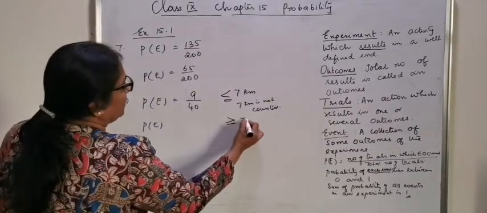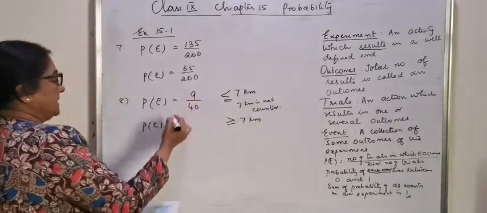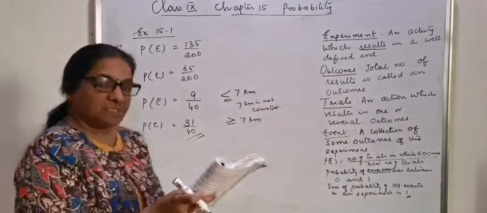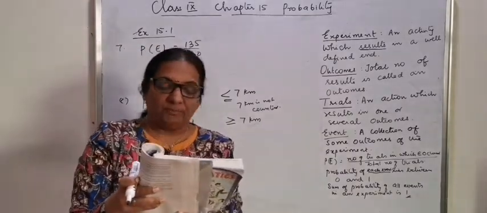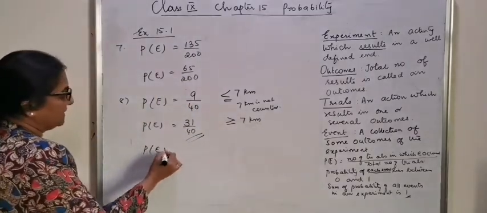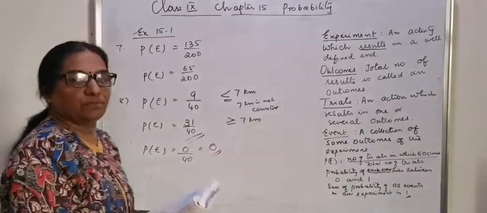More than or equal to 7 km shows 40 minus 9, that is 31, the remaining set of engineers. Within half a kilometer from a place of work, there is no one. So the probability of that event is 0 by 40, or it is 0.